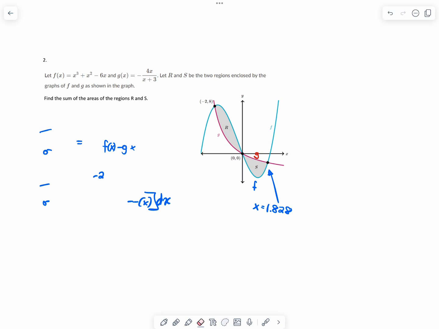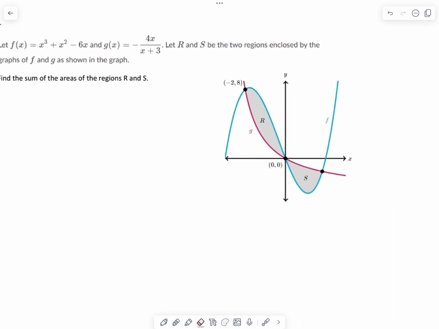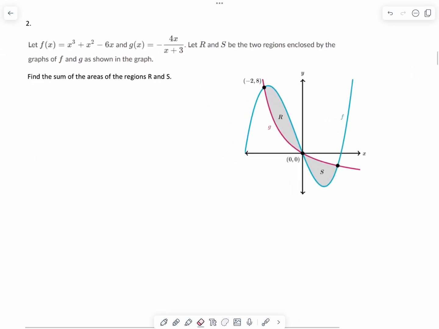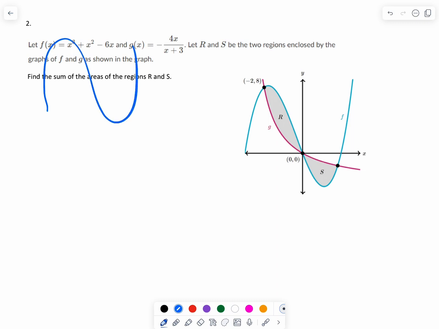We have an integral problem, and we've got two functions. This is on the very front page. f of x is a cubic function, and g of x is negative 4x. First, we need to decide which is f and which is g. f is a cubic, so we want something that is of a cubic form. Aha, that is the one in light blue.